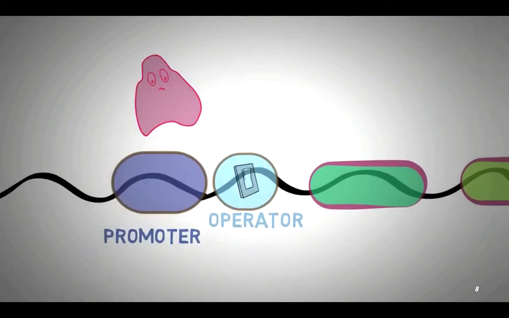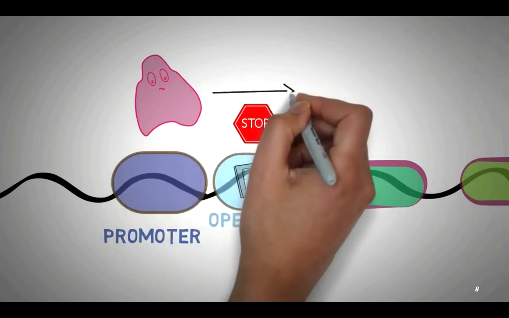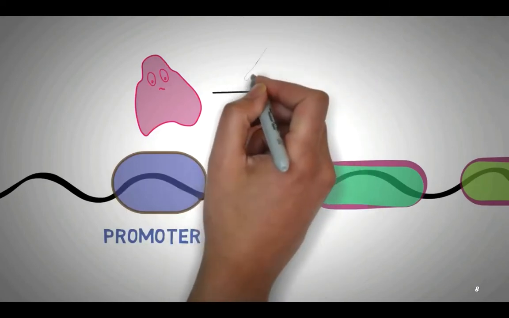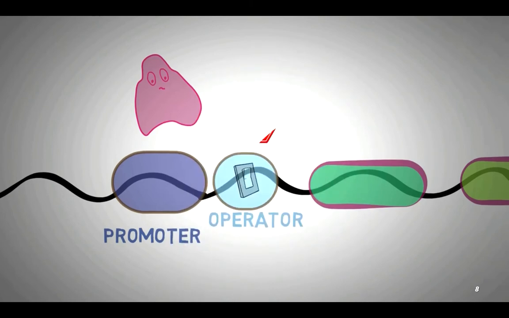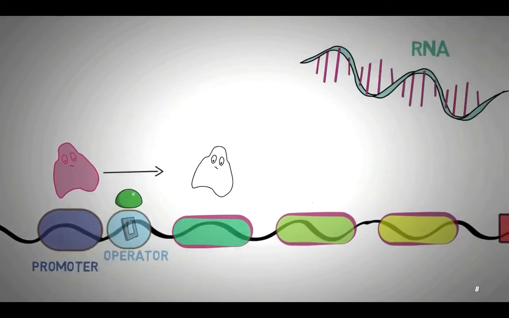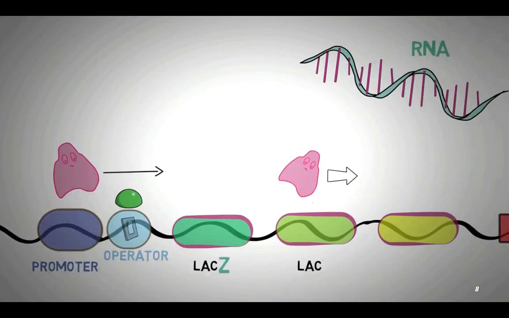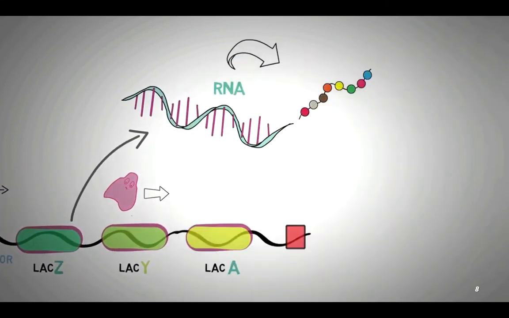When it is turned off, the RNA polymerase cannot move forward on the DNA, and hence it cannot read what's written on it, so the genes are not transcribed. When it is turned on, the RNA polymerase on the promoter can now move forward, and the genes ZYA are transcribed into a mRNA, which is then used to make proteins.